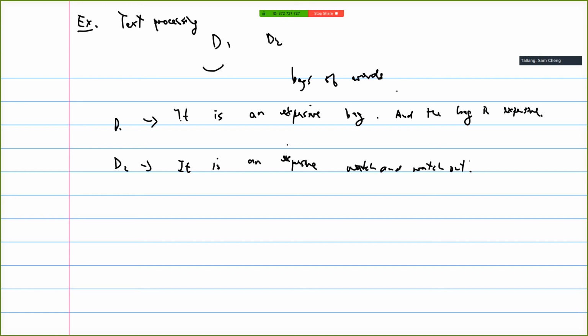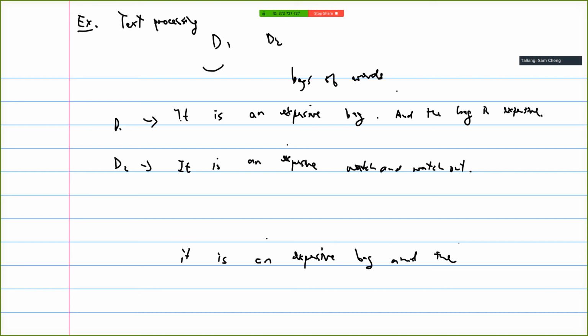what bag of words does is basically try to generate a distribution of a document based on the number of occurrences of each of the words in the document. So, for example, for D1, I look at all the words here. I have words like it, is, and, expensive, bag, and the, something like that.